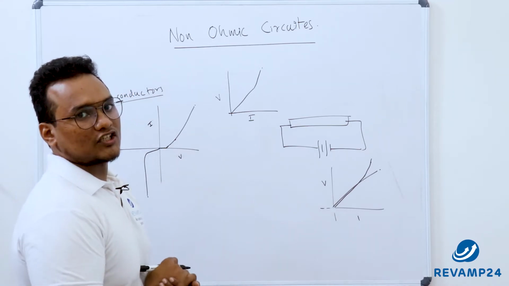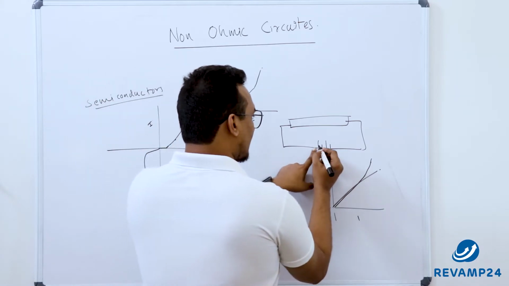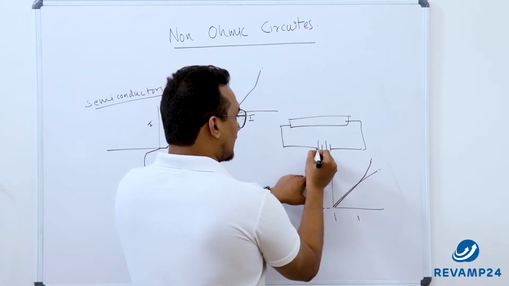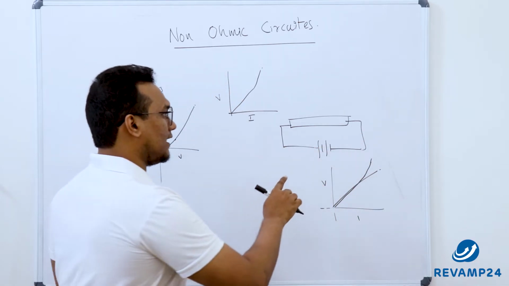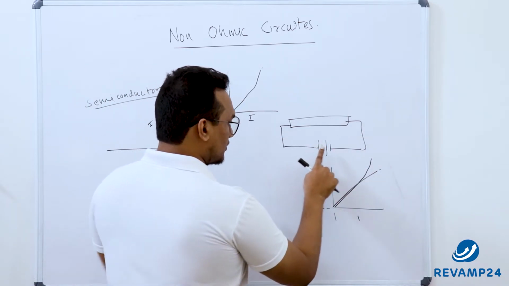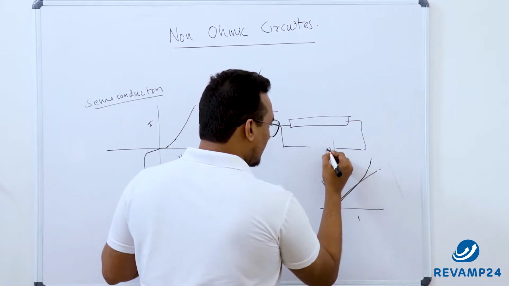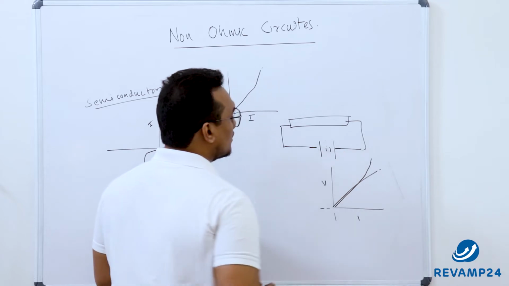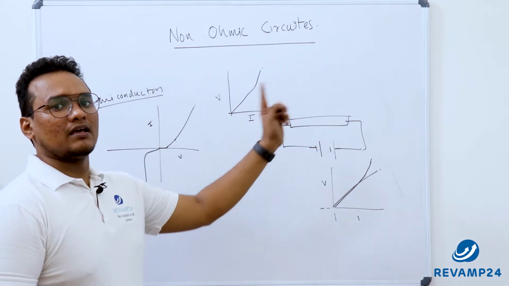I'll give you a small concept about forward bias and reverse bias. Now I have connected this end of the conductor with positive and the other end with negative. Now let's say I am going to reverse this. With the same battery, I am going to connect the positive terminal here and the negative terminal here. So the first one was forward bias and the other one is reverse bias.